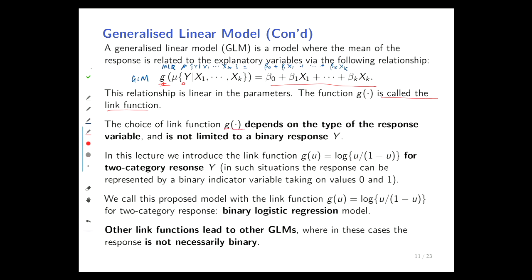And this g function depends on the type of response variable. For this binary response variable, we can have this g function in this way. That's the link function for the binary response variable.